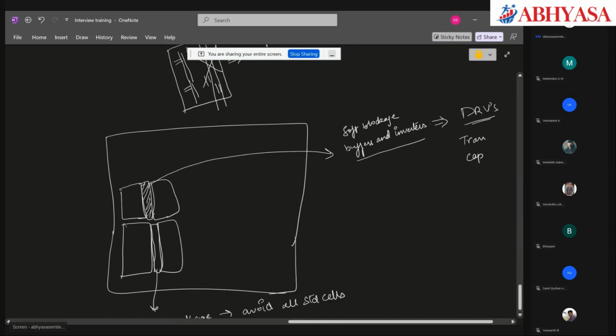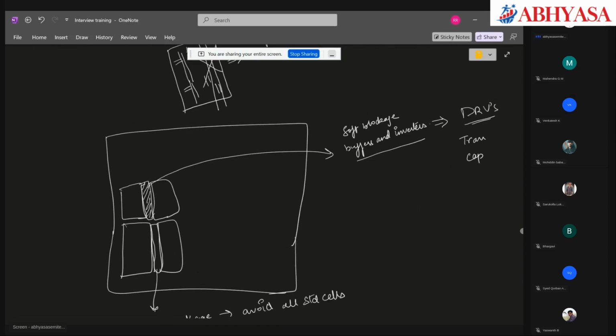So if there is a net going like this to some standard cell here, we cannot have this long net, right? We need to buffer it here. I need to place a buffer here because this will have a tran violation.